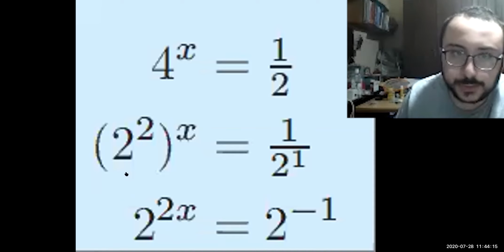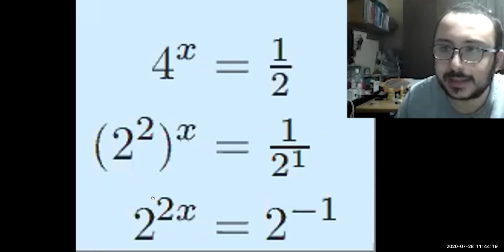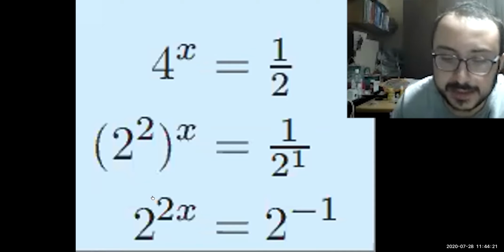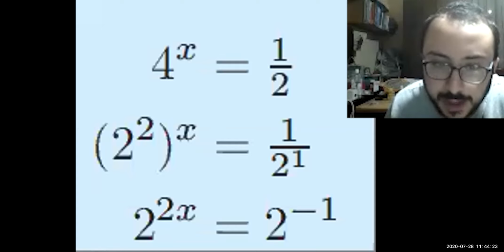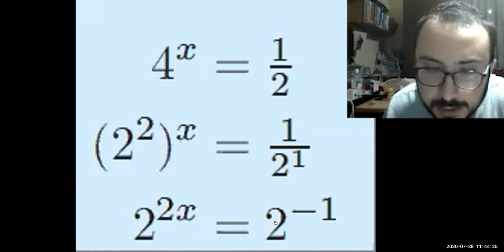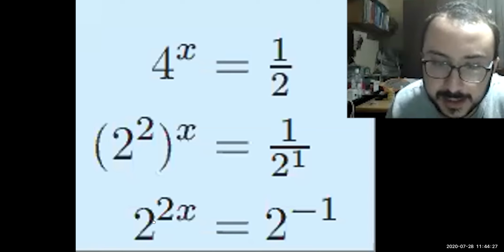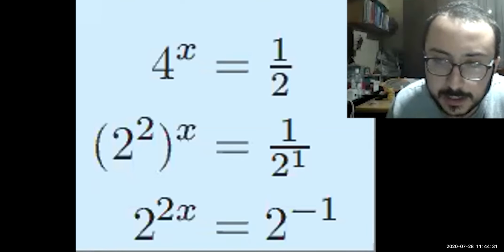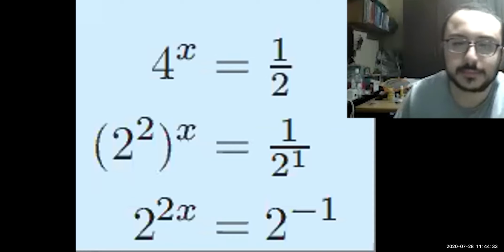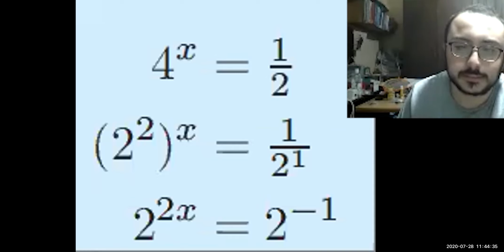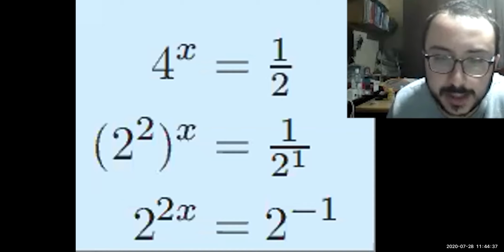So now what do we do? We said that if a power x equals a power k, it means x equals k. Here we have 2 power 2x equals 2 power minus 1. It means 2x equals minus 1.